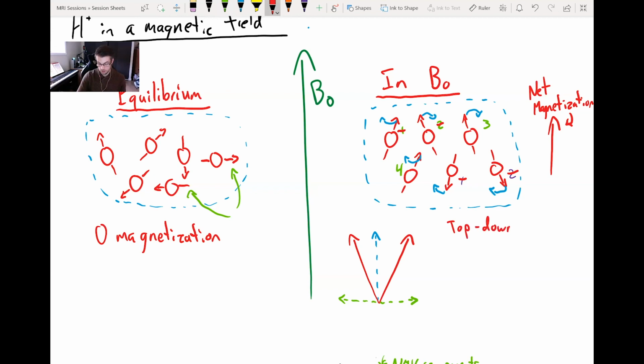So this is a top-down view of the above. I'm just going to draw these spins as points instead of circles. And now all of the vertical components are oriented kind of like out of the screen or into the screen. So you can't really see them here, but we can see those transverse components, which I'll label here while I'm thinking about it.